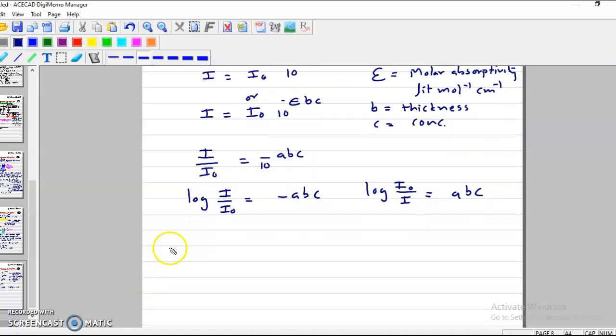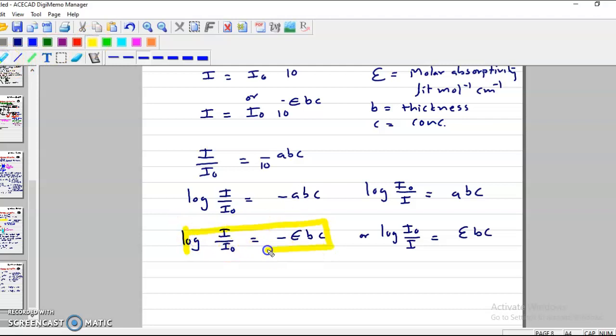Similarly, log I upon I0 would be minus epsilon bc, or log I0 upon I equals epsilon bc. This is known as Lambert's-Beer's law.